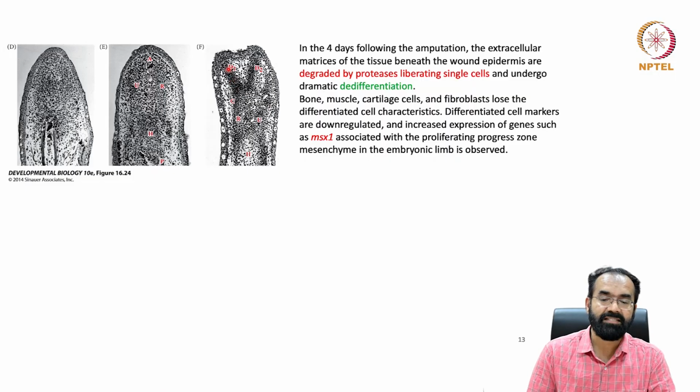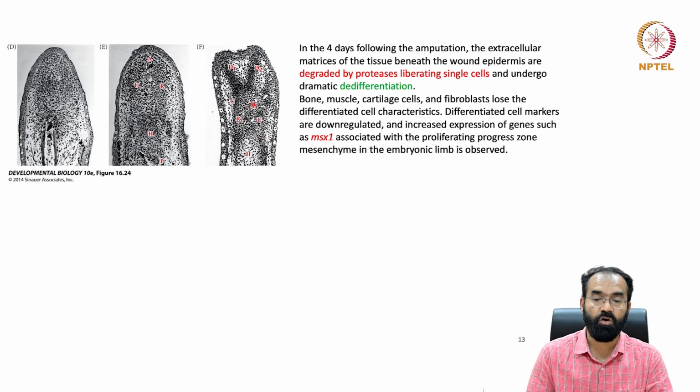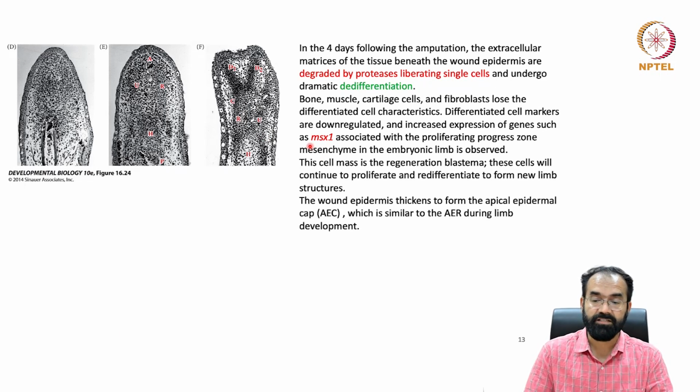And here you can also see they start becoming D1 and D2, digits start forming, and different parts, radius, ulna, and this is the humerus bone. All zones are formed after a few days. This cell mass is the regeneration blastema, and the cells will continue to proliferate and redifferentiate to form new limb structures.